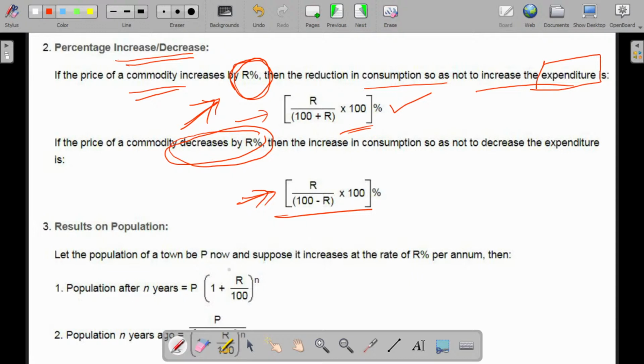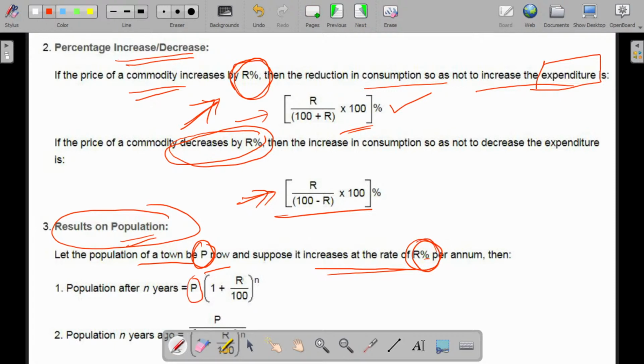Similar to that, the population. Suppose you get a problem statement based upon the population. If the present population of the town is P and it increases at the rate of R percentage per annum, then after n years the population is P into 1 plus R by 100 raised to n.